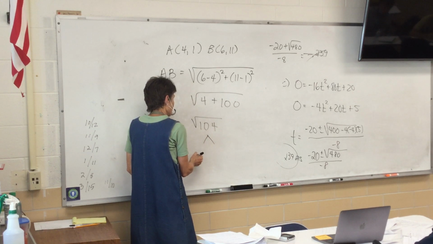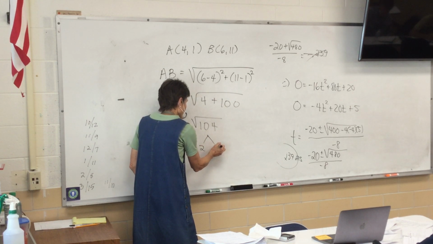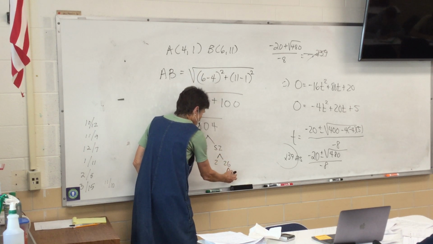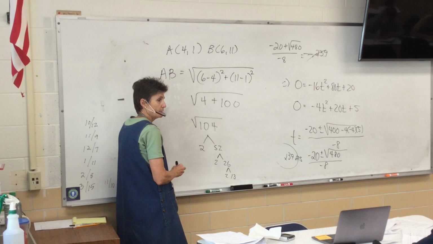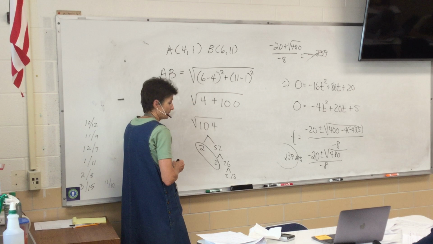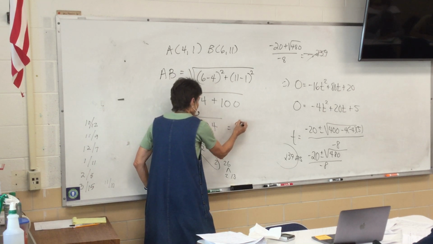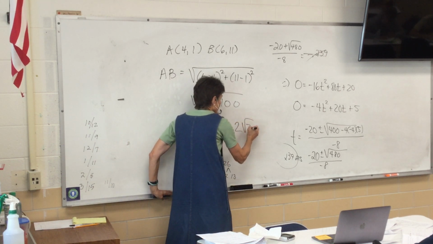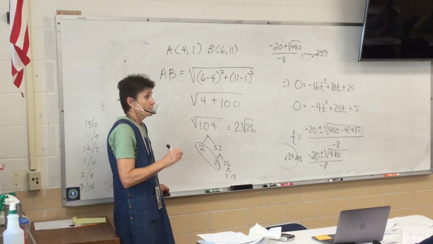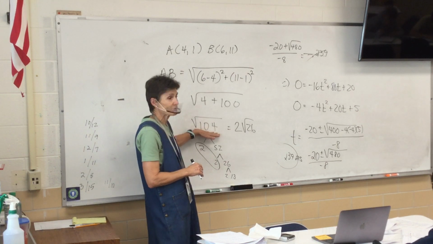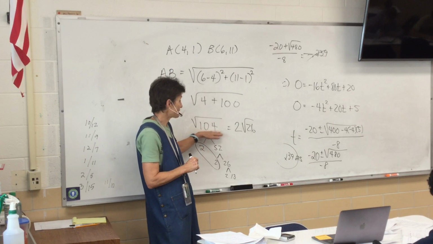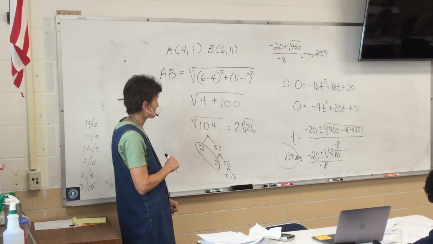Breaks down into, let's see, 2 times 52, which is 2 times 26, which is 2 times 13. When you simplify though, you gotta have 2, right? So there's only one group of 2, and the leftover is 26. So 2 root 26 would be your full credit answer. Obviously, if you have square root of 104, you're gonna get most of the points, because you're there. You just gotta simplify if you want all of the points.